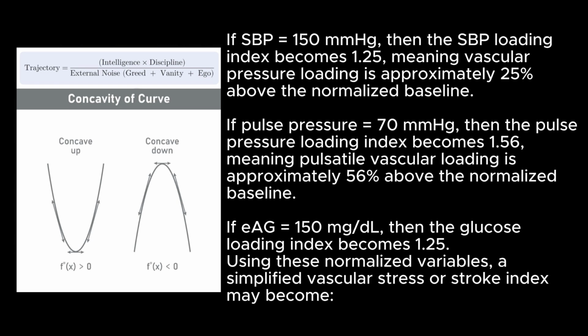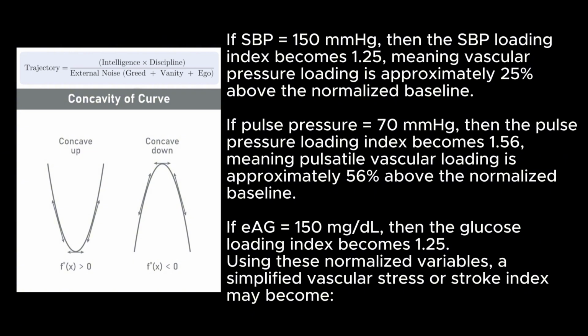If pulse pressure equals 70 mmHg, then the pulse pressure loading index becomes 1.56, meaning pulsatile vascular loading is approximately 56% above the normalized baseline. If EG equals 150 mg/dL, then the glucose loading index becomes 1.25, using these normalized variables.